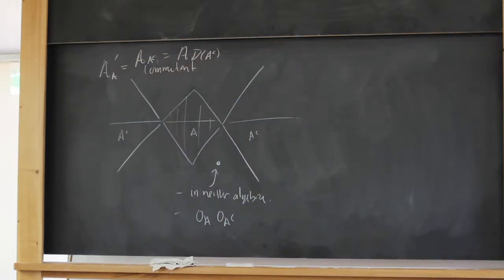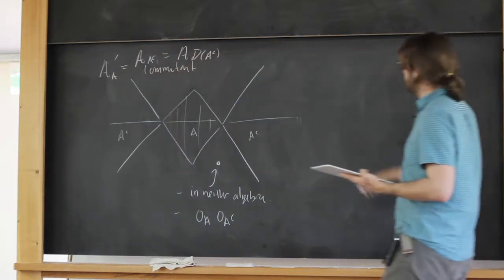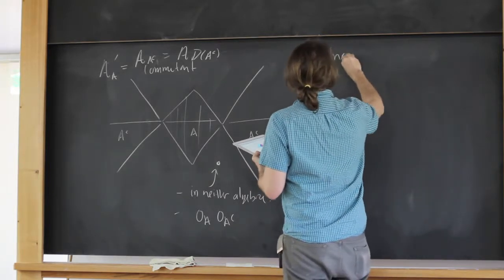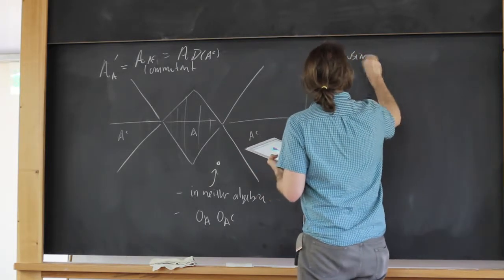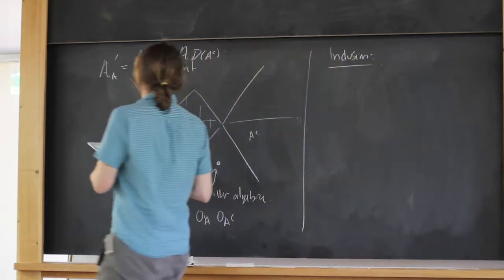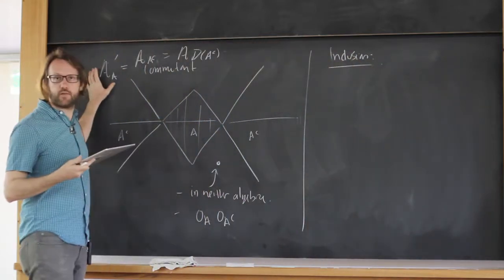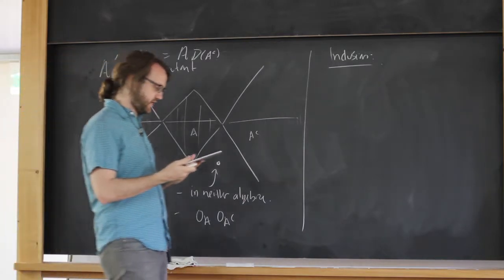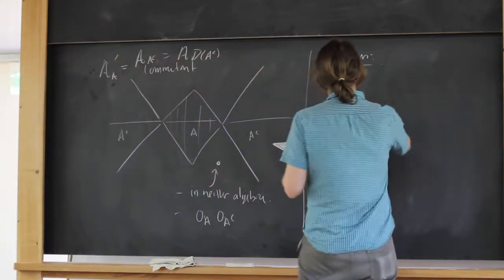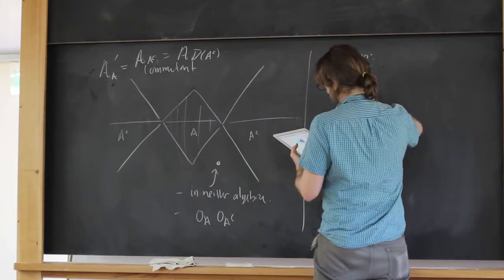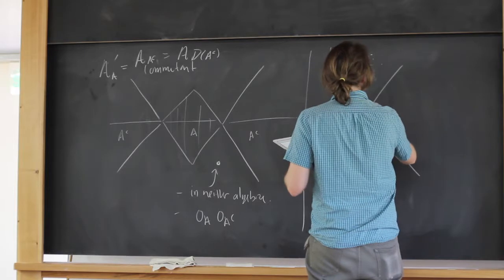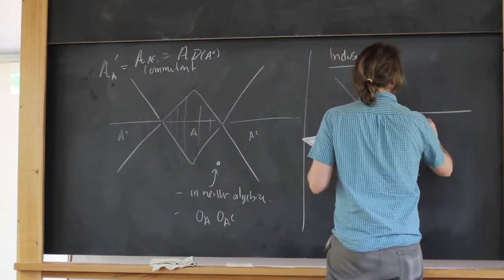Now there's another interesting notion, which is that of inclusion. This is the statement that I have some subalgebra and then some other subalgebra contained within that. So in the space-time picture, let's draw the picture where we have a region A, which is infinite.